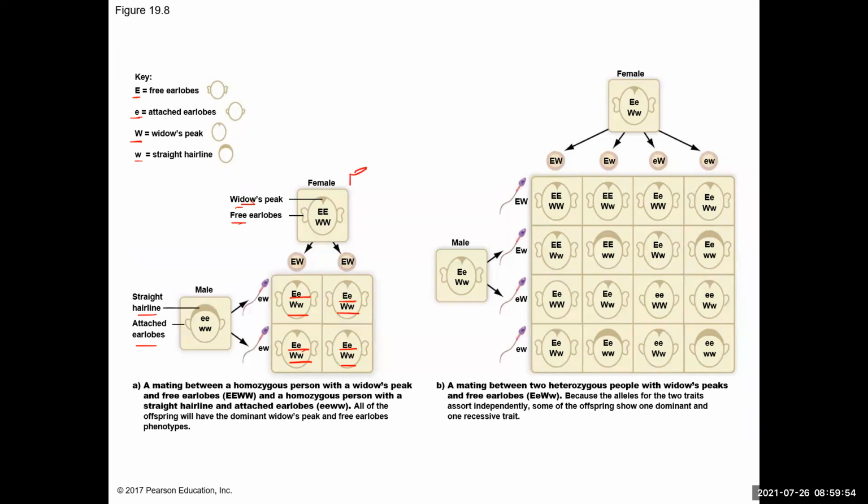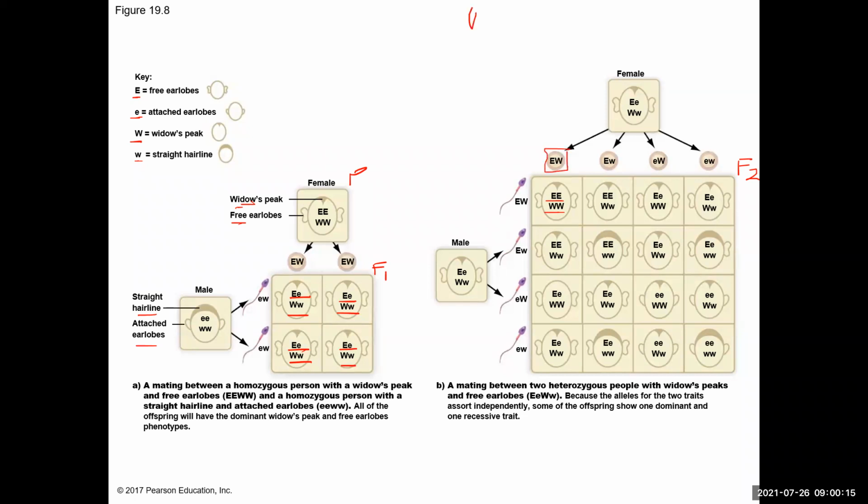So this is the P generation, this is the F1, and this is the F2. And what's important here is that the alleles are segregating independently of each other. And so that tells you what gametes you can have.